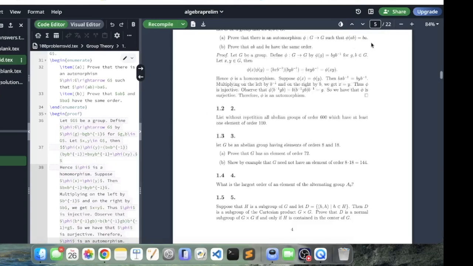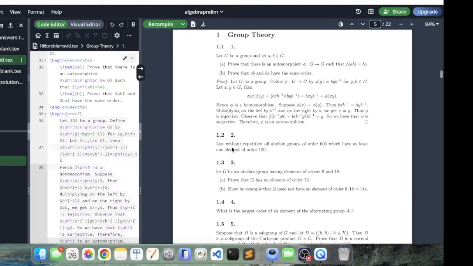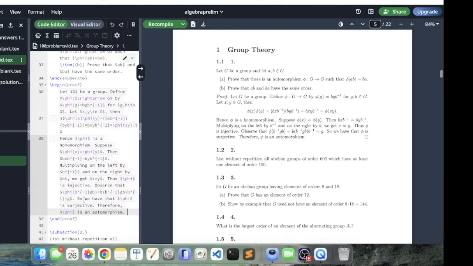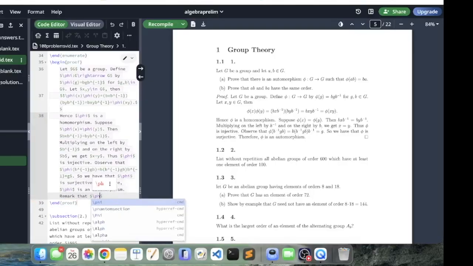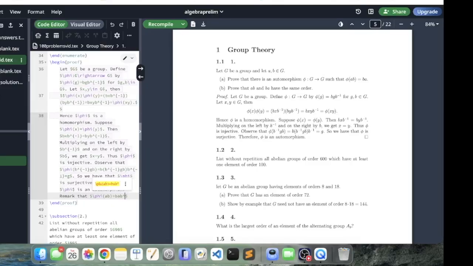Okay, and then we'll just explicitly state why this condition works. So I can scroll up so you can see the problem. Remark that phi of AB is equal to B A B B inverse. Maybe I should use parentheses there, but that's definitely BA when you simplify.